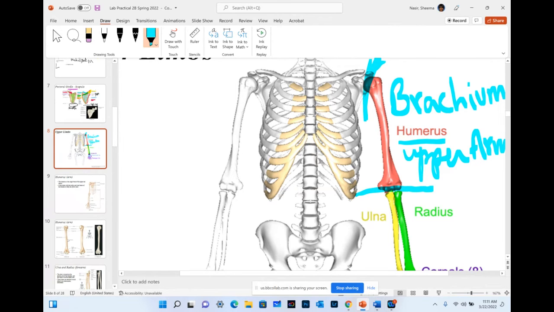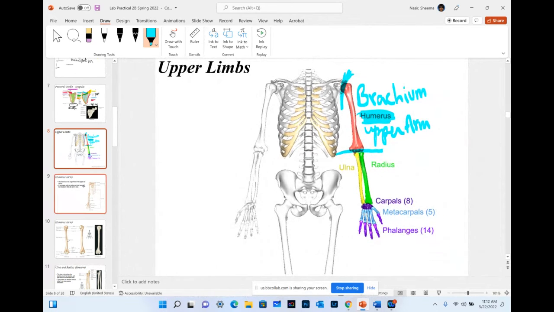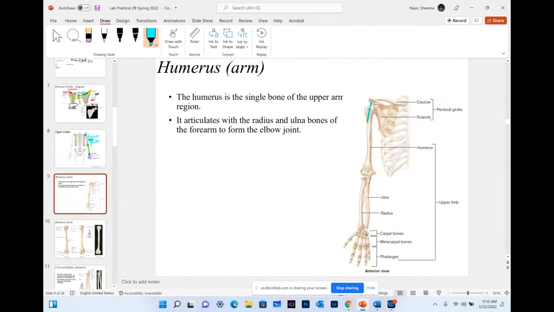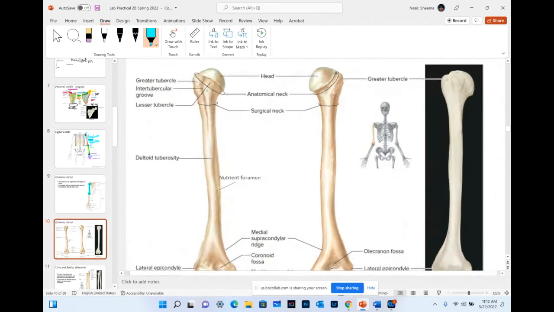In between those landmarks is your humerus. Now we are going to look at parts of this bone right here, right? This is your little humerus. Here is the humerus.